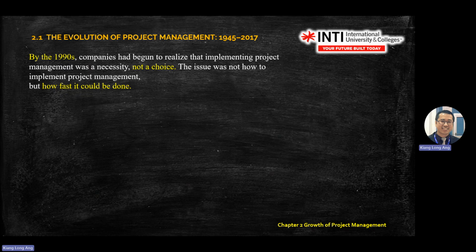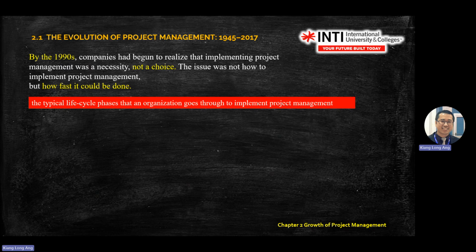It's not about how to implement, but how fast it can be done. It shifted from how to time, because in the 1990s and 2000s, computers were introduced, and McDonald's and all this came in. So people started to lose patience and wanted to make sure the project was delivered as fast as possible.